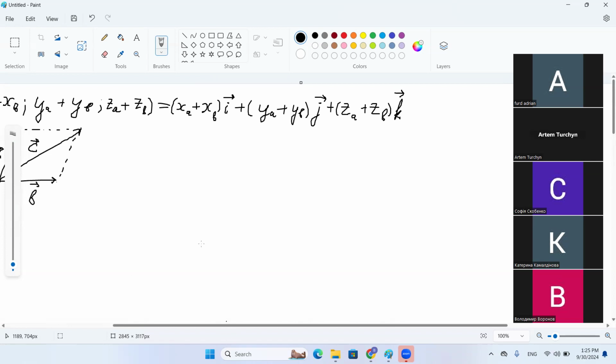Unit vectors. Yeah, unit vectors that correspond to the coordinate axes. So i corresponds to x, j corresponds to y, and k corresponds to z.